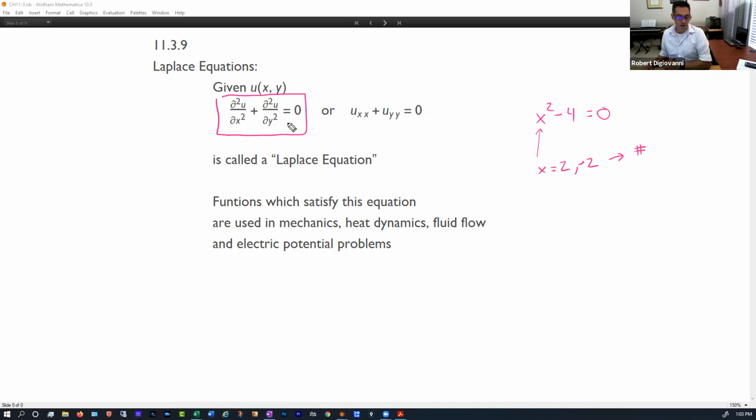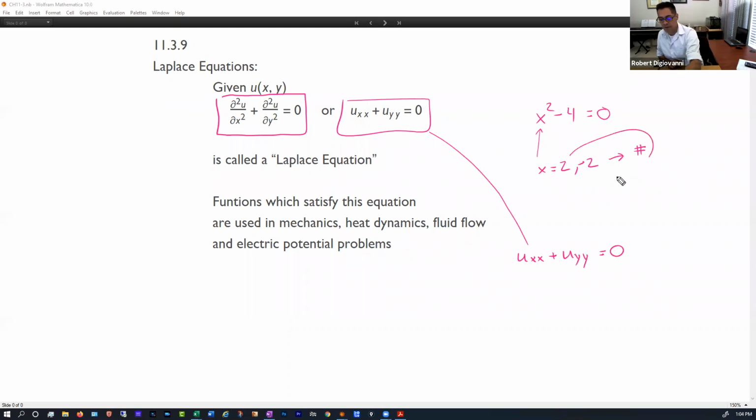But in a Laplace equation, the thing you're trying to solve for, this is the same exact thing, just using Leibniz notation versus the other notation. So what this is saying is, can we find a function?